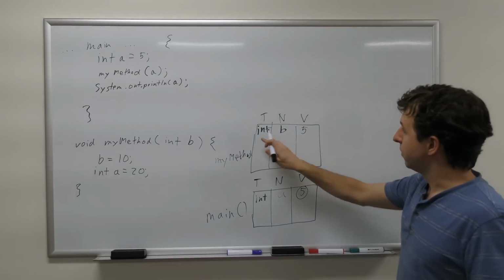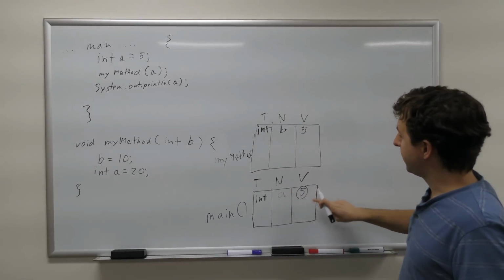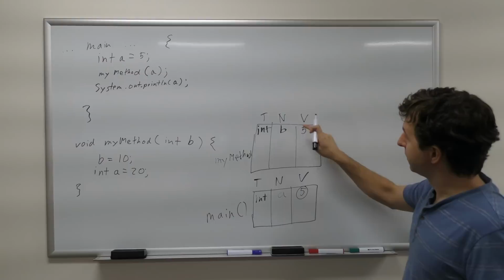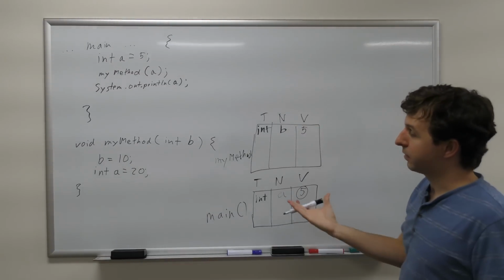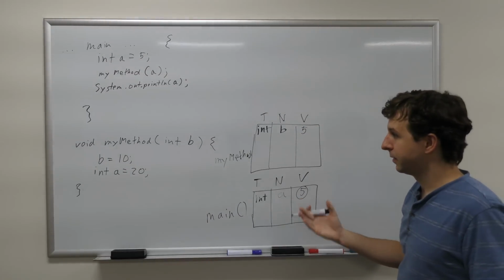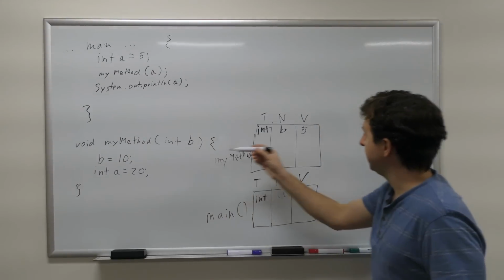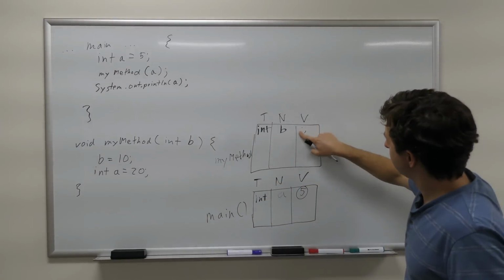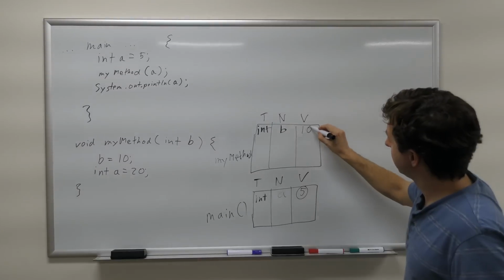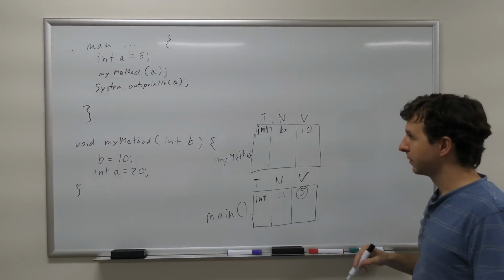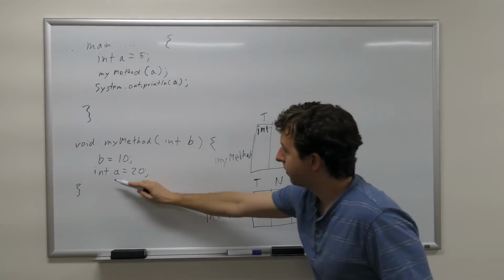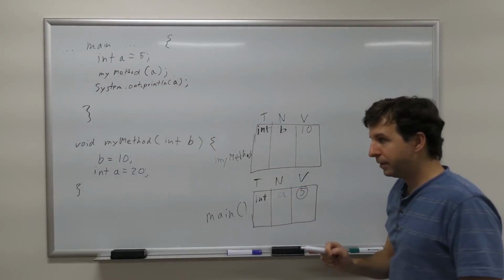Okay, so once we have copied all the values from the sent parameters to the receiving one, we can start executing the code in my method. First line of code, b is equal to 10. Easy enough. Now we define a new variable. Why is it new?